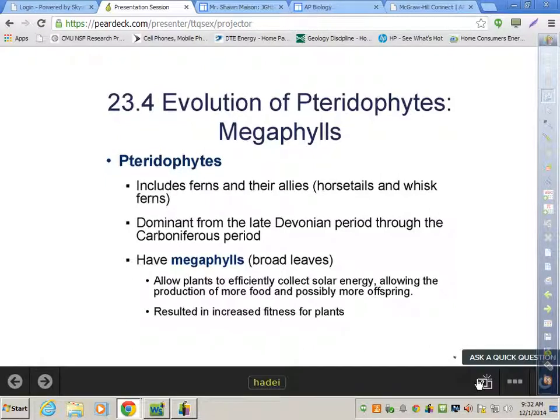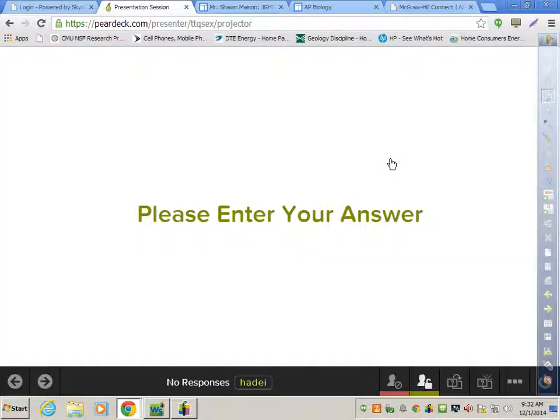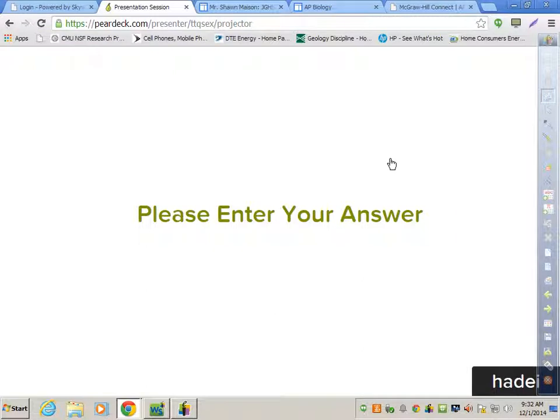What is the structure inside of plants that allows this to occur? Let's see how much you guys remember. Be specific. What is the structure inside of plant cells that allows the collection of solar energy? Oh, my Lord.